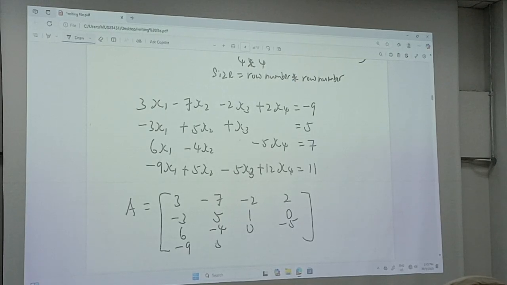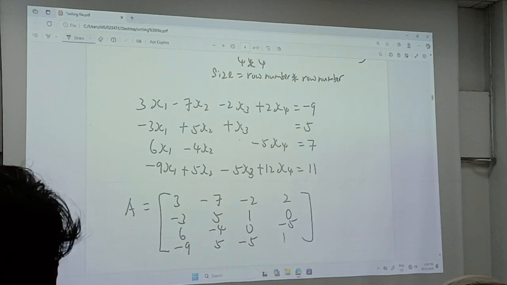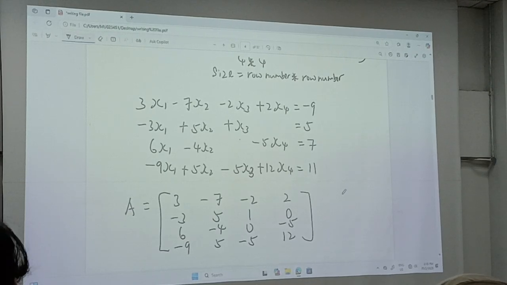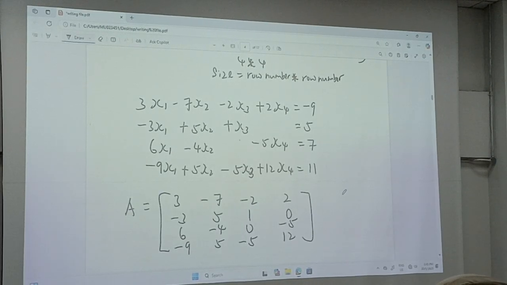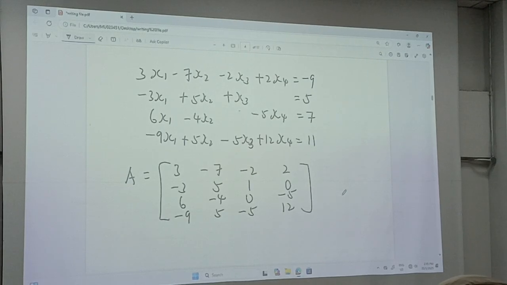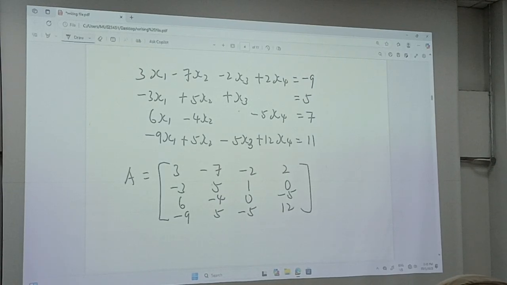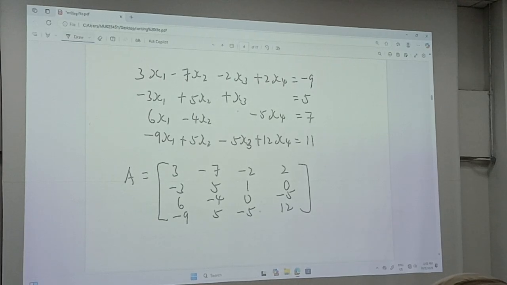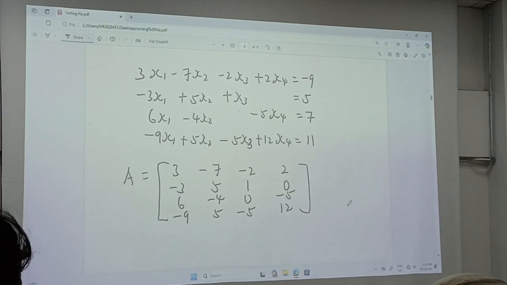Negative 9, 5, negative 5, 12. Once done, check one more time before you start. Otherwise, if you write down one number wrongly, later on your client will notice your steps are all correct, but because of that one number, everything's wrong, right? So check one more time.